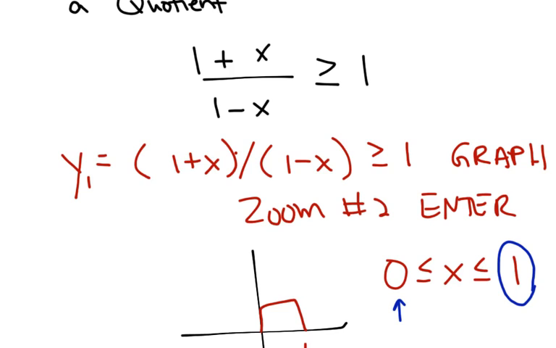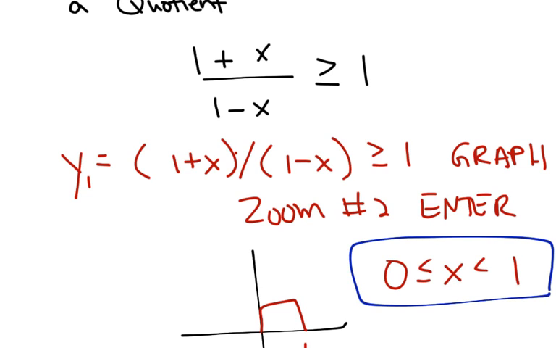But you can't have 0 in the denominator of a fraction, so the graph doesn't actually exist at 1. So it turns out that this is actually the answer, because you can have 0 as a solution, but you can't have 1. So that's just something you have to pay attention to.